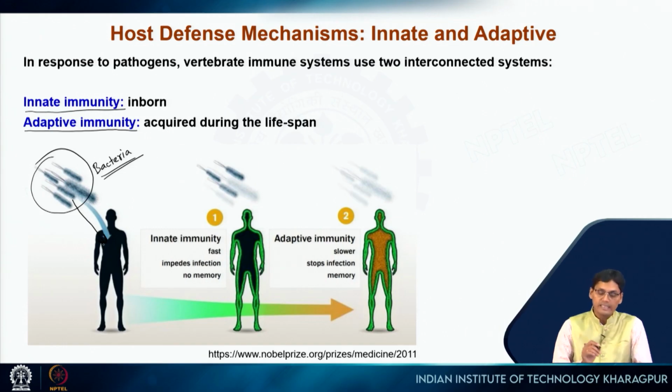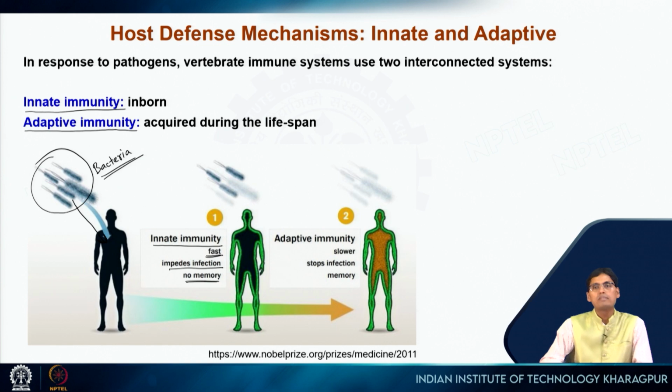But at the beginning, innate immunity is responsible to protect us because the innate response is very fast and it initially tries to halt the infection. So it tries to prevent the infection so that the bacteria that enter our body cannot multiply so quickly, right? And then the next point is no memory.